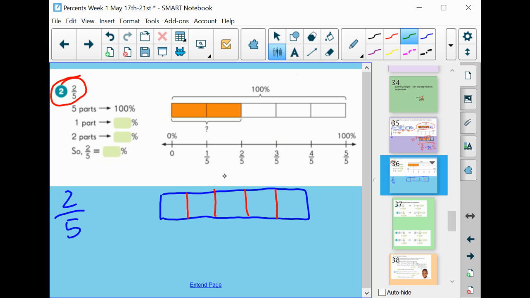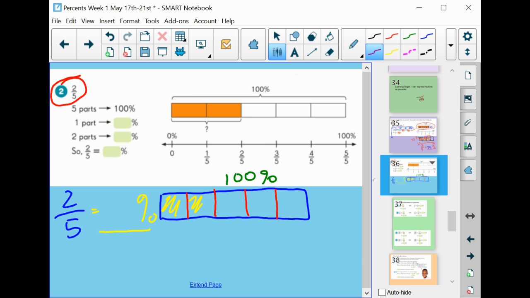Remember, this model is just for your understanding. And then we know that this bar all together, because both fractions, decimals, and percentages can represent part of a whole, we know that one whole is equal to 100%. And we're going to be concerned about just 2/5. Okay? That's our goal, to find what percentage is equal to 2/5.